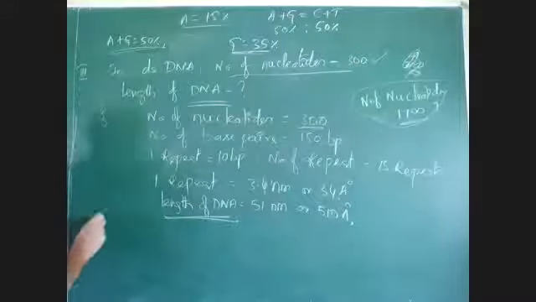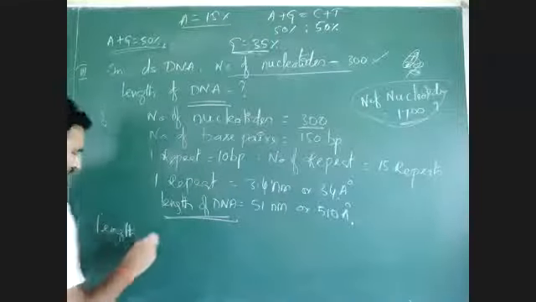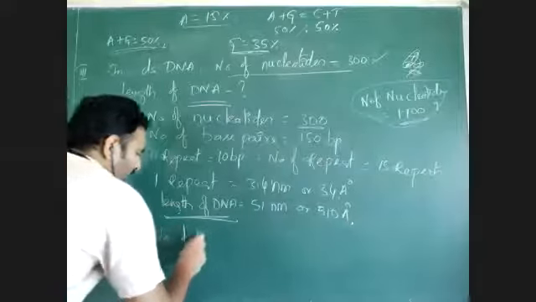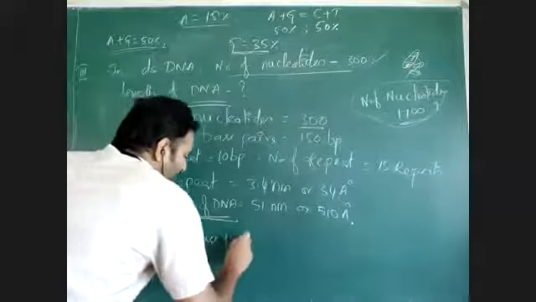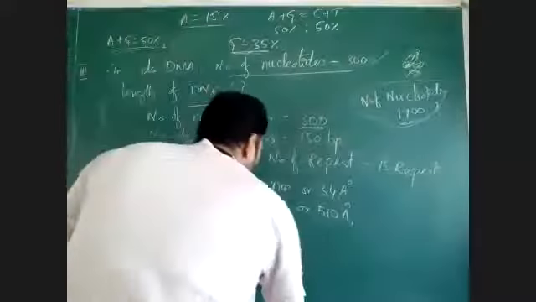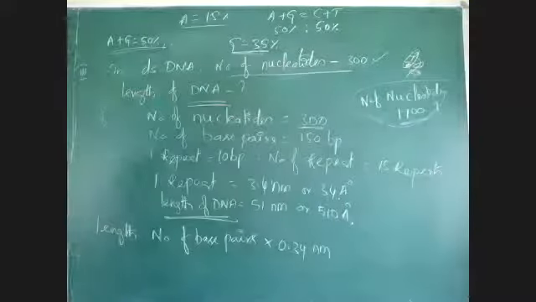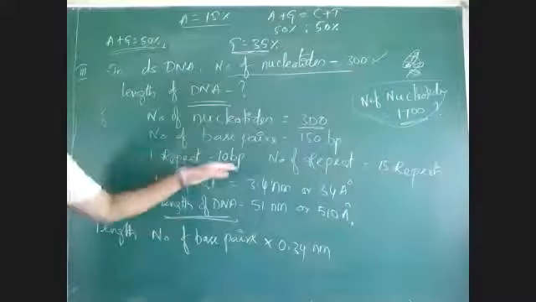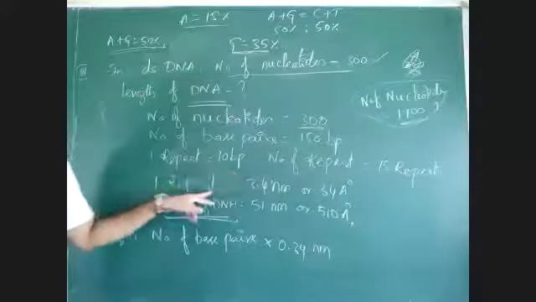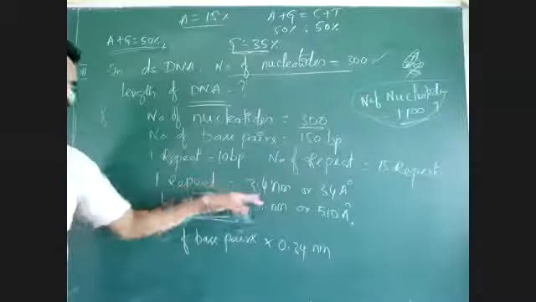One more shortcut is there. Length is equal to number of base pairs into 0.34 nanometers. This also we can use. No need to calculate base pairs, or repeat length also not needed here. Repeat length if we find means then it is easy to calculate.